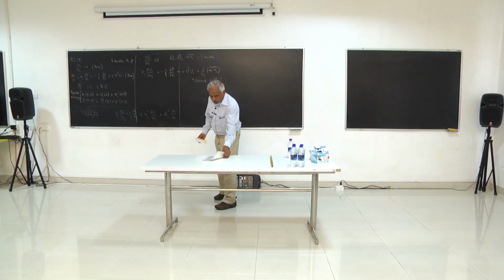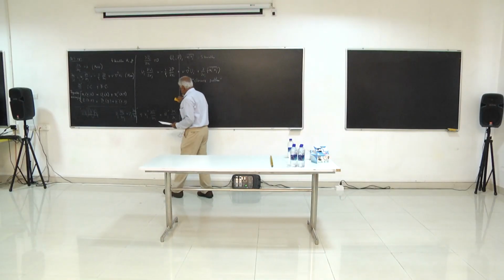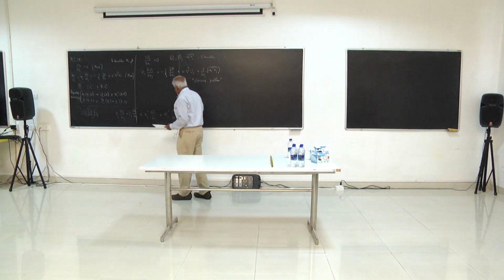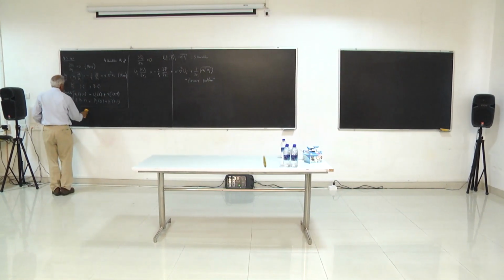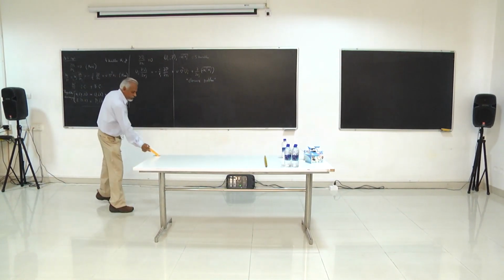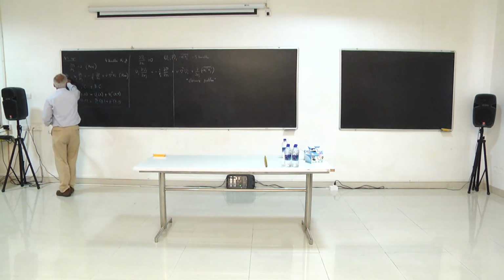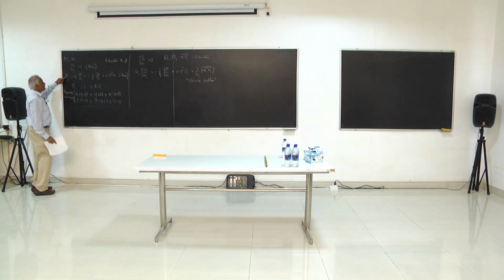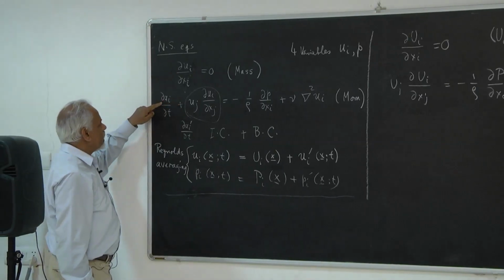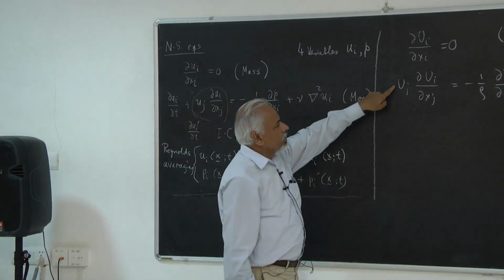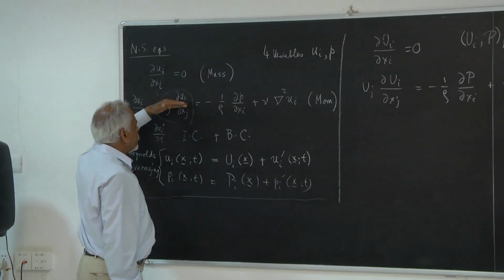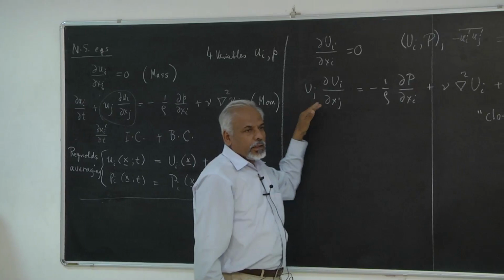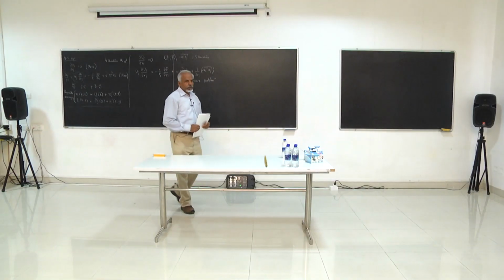So I'll sort of schematically illustrate this. I have here an equation for ui, and we wrote it as ui equals capital Ui plus ui prime, and I have an equation for capital Ui, and I subtract this equation from here, and I get an equation for ui prime. Okay?